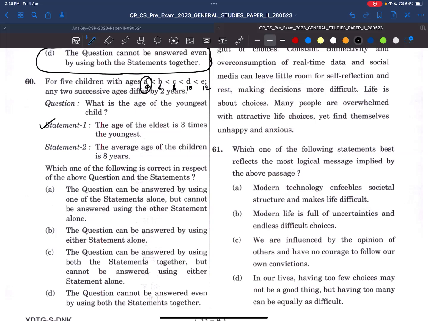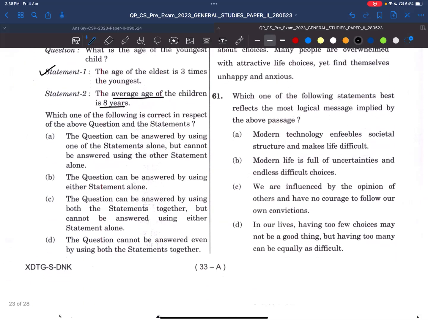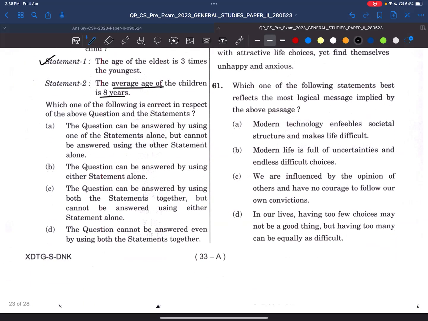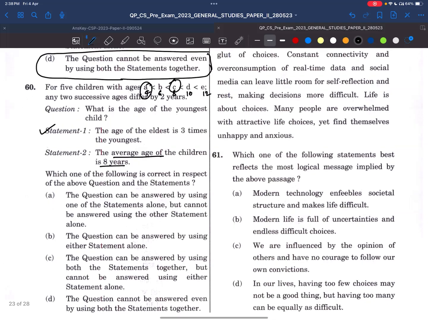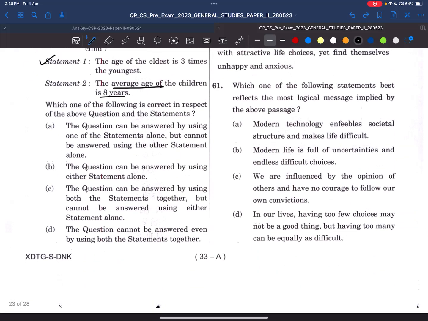The average age of children is 8 years. These are all consecutive terms, right? A, B, C, D, and E. So when the average is given as 8 years, it will be the age of the middle person, right? Actually, we have taken the middle person's age as X, right?